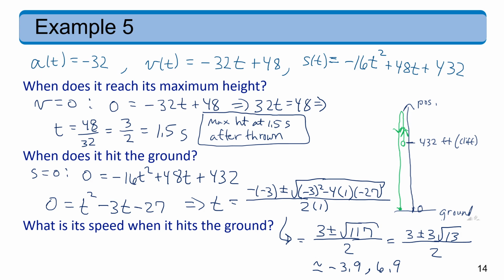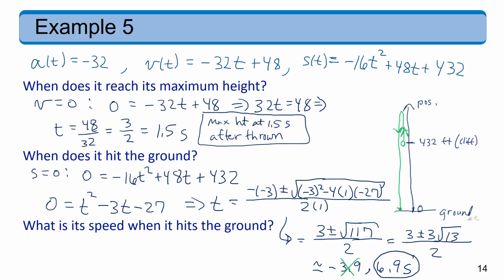Now the negative 3.9 doesn't make sense, right? Because it started at time 0 and we went forward in time. So we can throw that one out. And so the 6.9 has to be the right answer. So our answer is it hits the ground 6.9 seconds after being thrown.